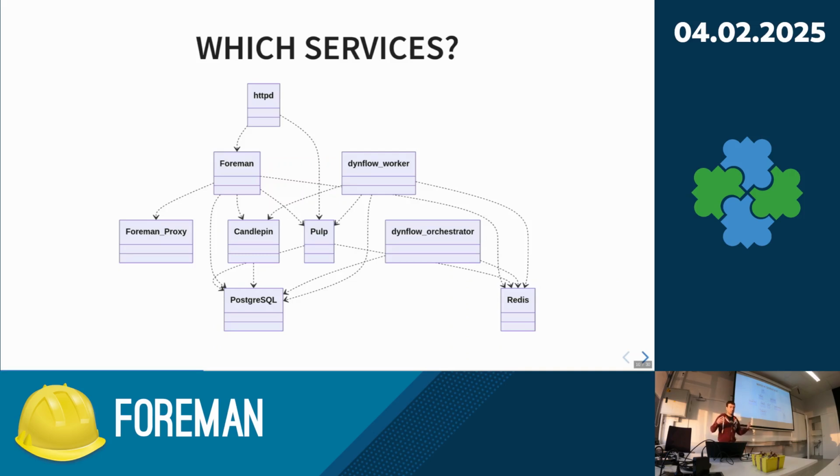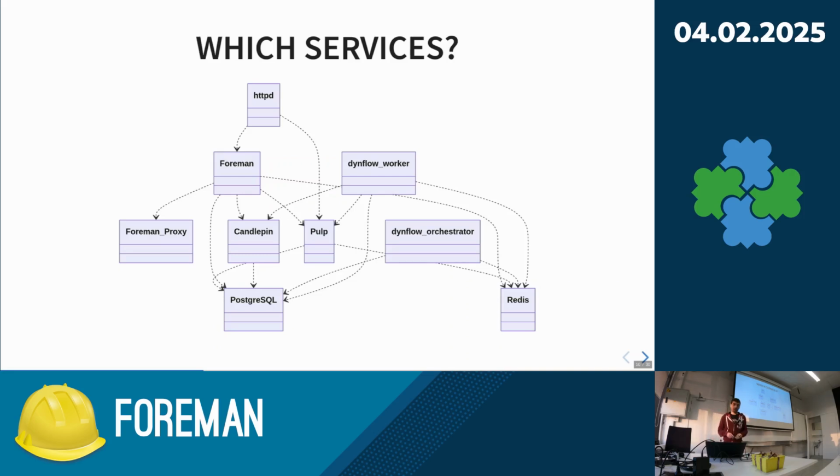So we include more than just a pure Foreman service, but it's also what a lot of people run. Foreman core itself doesn't bring a task engine, so you cannot run asynchronous stuff. So even if you don't want Katello, you still quite quickly end up with having Dynflow workers and orchestrations running. You still need Redis for caching. You still need PostgreSQL.